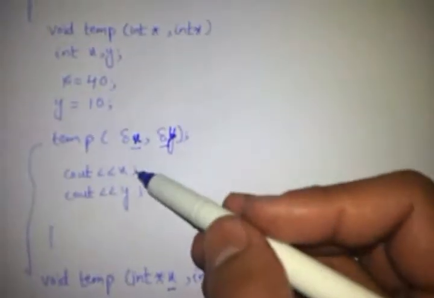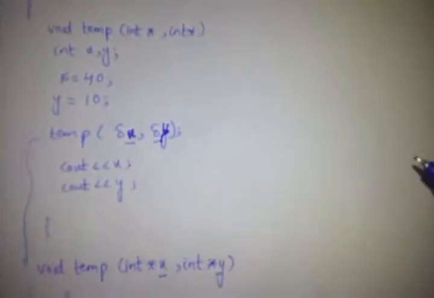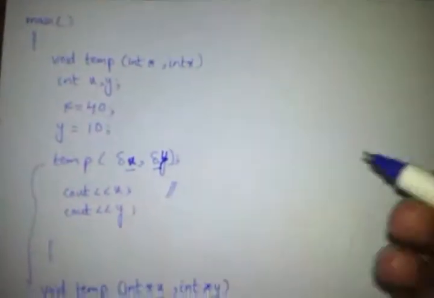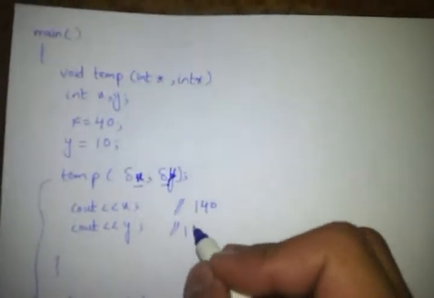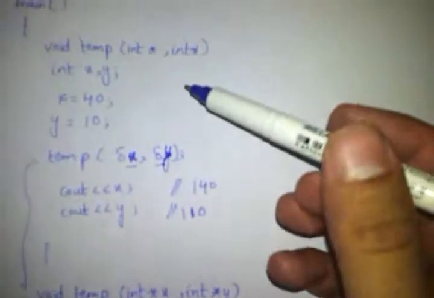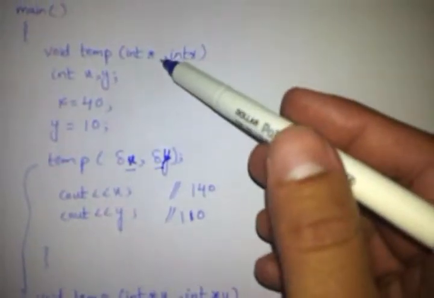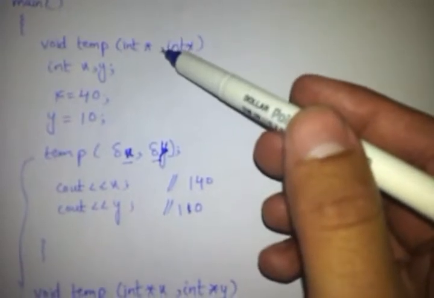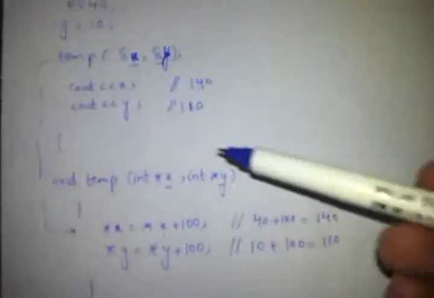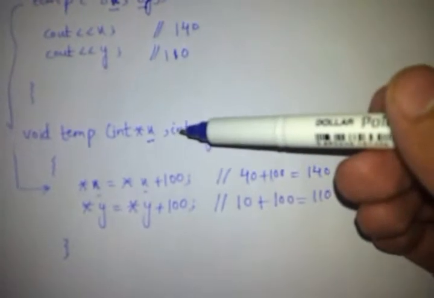So in other words, it would mean 10 plus 100, and it would give us 110. So when we print x and y, at the output we would get x 140 and y 110. So we have seen that we can also use pointers as parameters to be passed to a function.